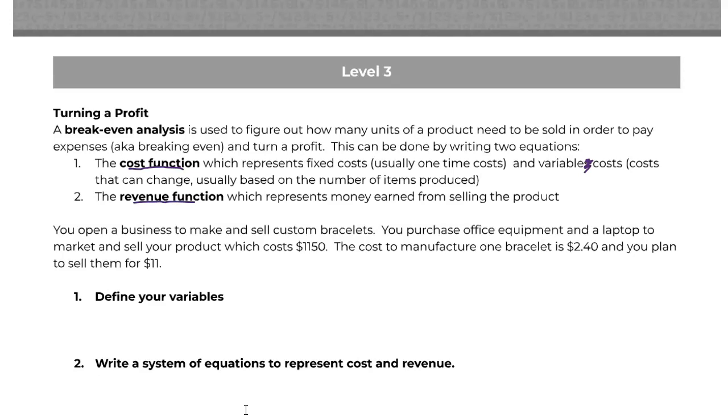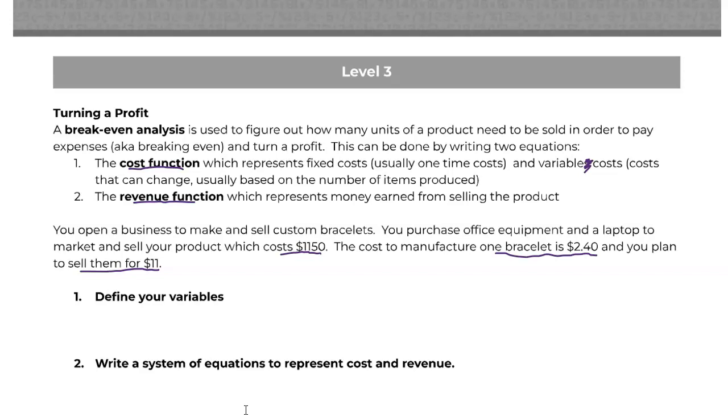So here's the situation. You open a business to make and sell bracelets. You have to purchase equipment and a laptop to market and sell your product, which costs $1,150. The cost to manufacture one bracelet is $2.40, and you plan to sell them for $11.